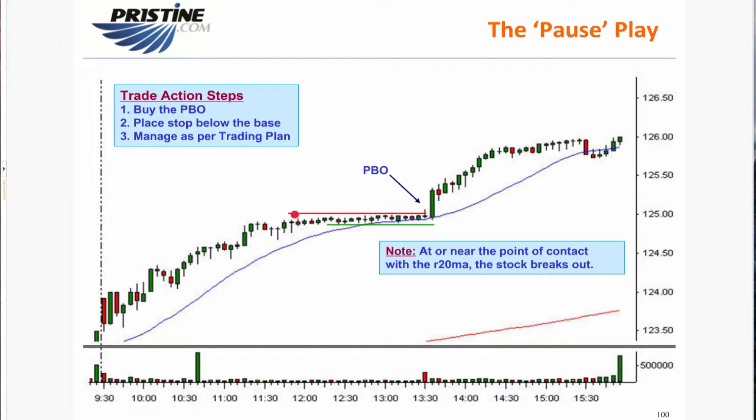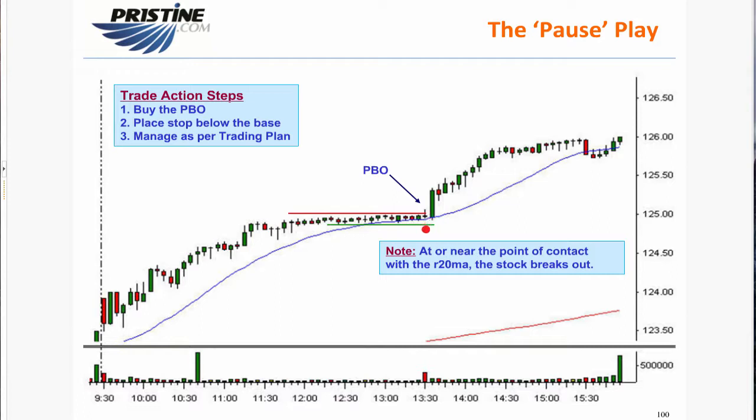That might happen sooner than getting to the 20 MA, or it might happen a little while after hitting that 20 MA. But when that breaks out, when the top of that range is cleared, that's when you look to enter. That's the signal. Now, as you can see, this broke out initially on the candle before, the big green one.